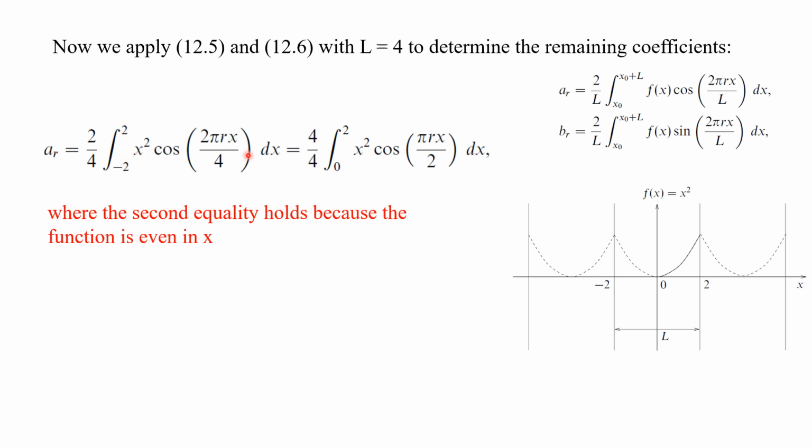So this is equal to 2 over 4 times 2 times the integral from 0 to 2 of x squared cosine(pi r x over 2) dx. Again, what we just did is divide this integration into two halves, evaluating only from 0 to 2. This is true because your function is even, so it just mirrors, and we multiply by 2 to take note of the other half.